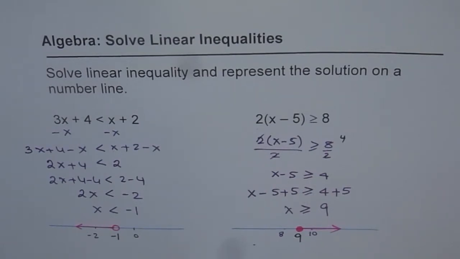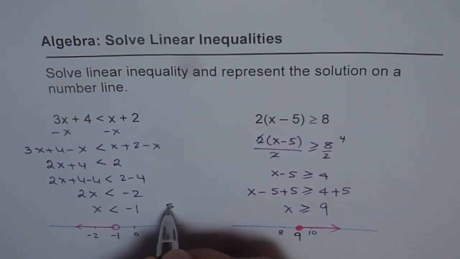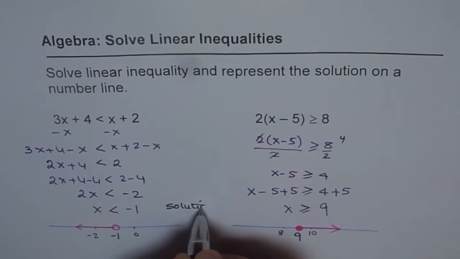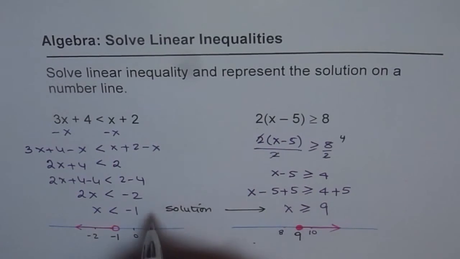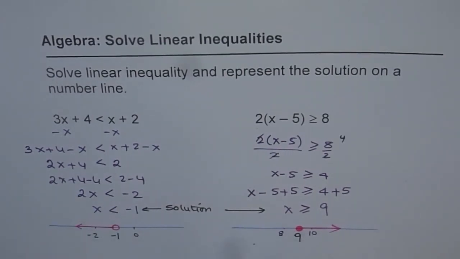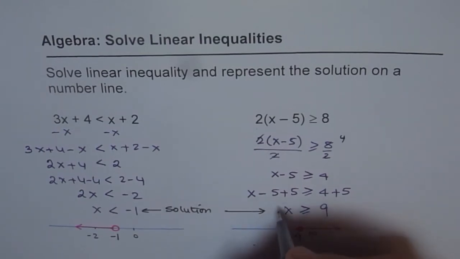So I think that is a very simple way of representing your solution in number line. So what we have at this stage, this is our solution of inequality, right? Remember that. This is the solution. If I say what is the solution? So well, the solution of this inequality is this, right? So that is the solution. And now let me just highlight it for you.